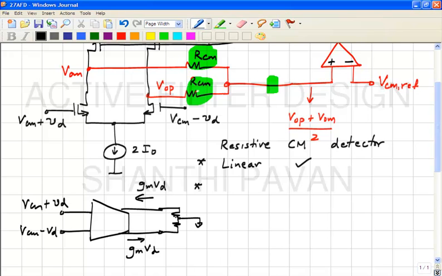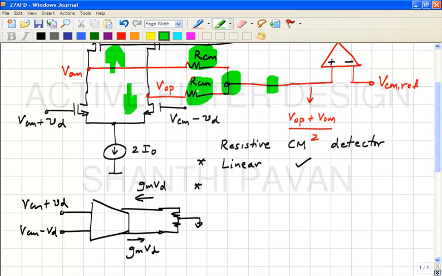Please note that if the two RCMs are equal, then this node potential does not change when the differential mode voltage changes, correct? Because if this goes up by some amount, this goes down by exactly the same amount, the middle point potential does not change, which means that it is equivalent to small signal ground.